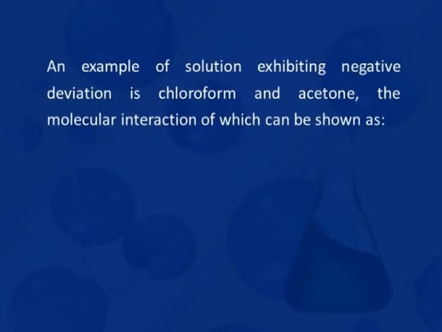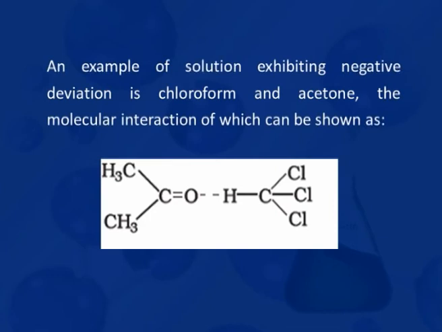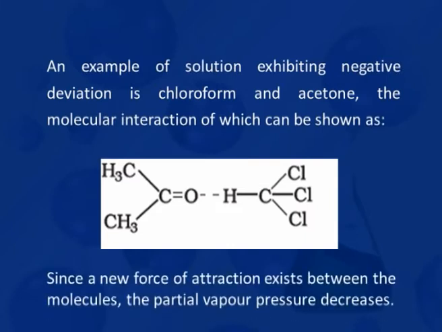An example of a solution exhibiting negative deviation is chloroform and acetone, the molecular interaction of which you can see in this figure. There is a hydrogen bond between the acetone and chloroform molecules. As a new force of attraction exists between the molecules, the partial vapor pressure decreases.